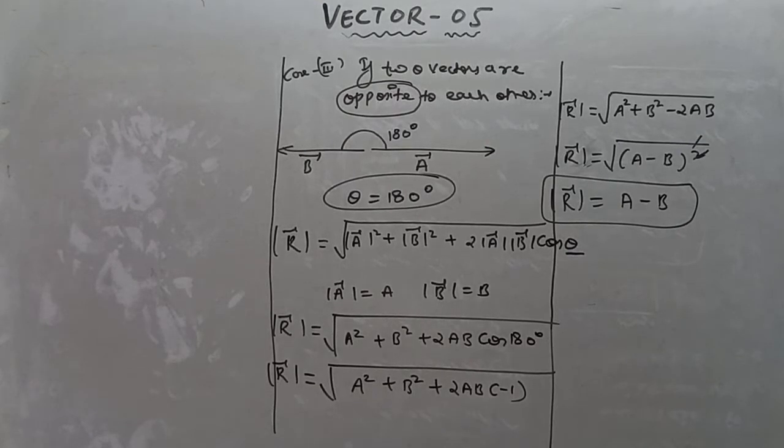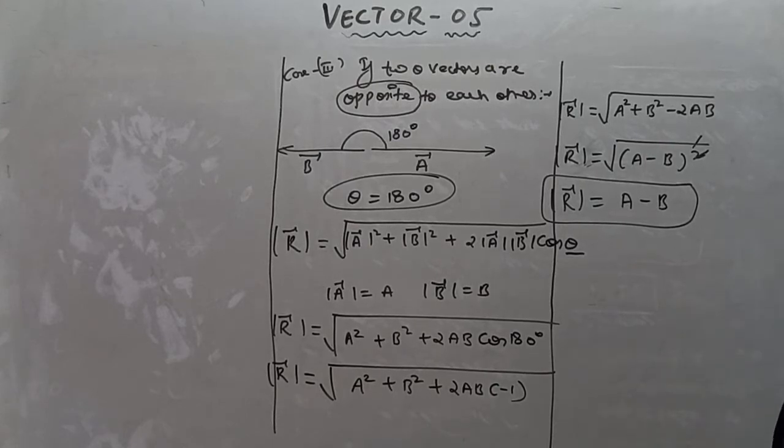Similarly, if two vectors are opposite in direction, then the angle is 180 degrees. So if both vectors are parallel, the magnitude of the resultant vector is A plus B. If both vectors are anti-parallel, or opposite in direction, then the magnitude of the resultant vector is A minus B. If two vectors are perpendicular to each other, then the resultant vector is under root A square plus B square. It is very easy to understand these concepts. I hope, dear students, you all understand how we will proceed with this concept.